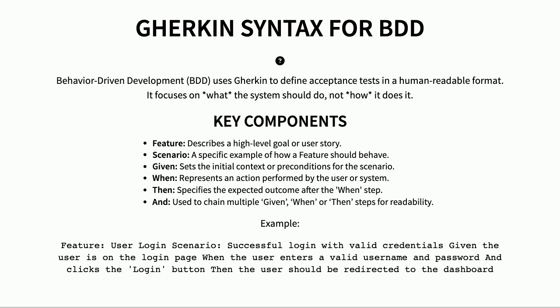Each scenario has these key parts: given sets up the starting point, when describes what action the user takes, then tells us what we expect to happen afterward. And for longer sequences, you can use and to connect steps together to keep things clear and readable. Let's look at a quick example of how it all fits together to define a login feature.